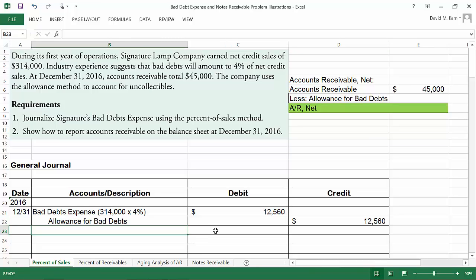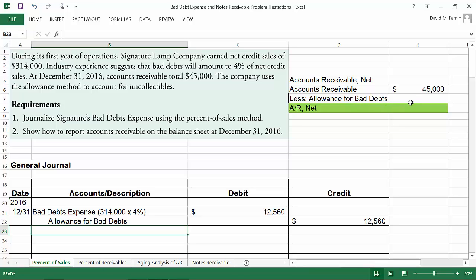Now in requirement 2, I've already done the preliminary work up here to help us calculate accounts receivable net on the balance sheet. Remember, to do that, you have to take your accounts receivable balance. In this case, we started out with $45,000.